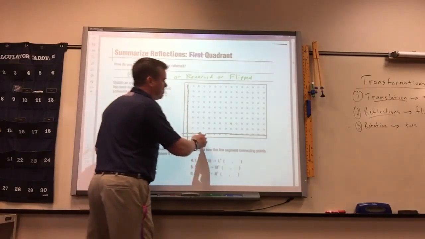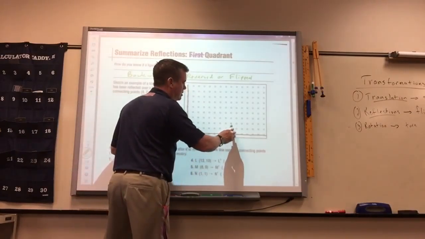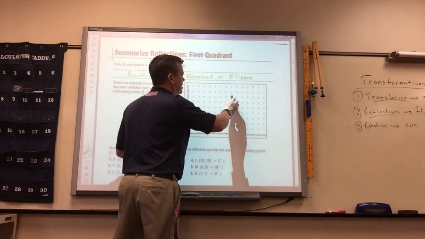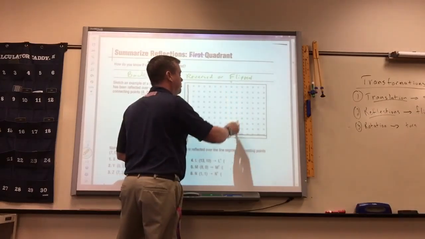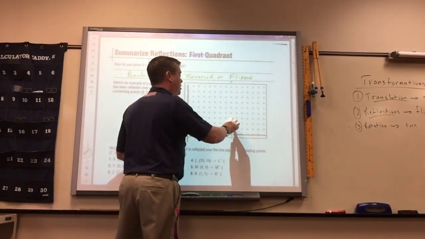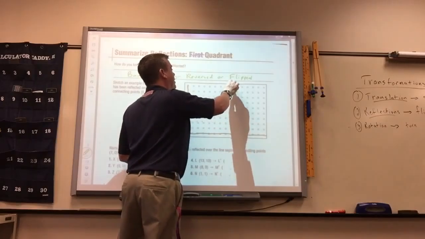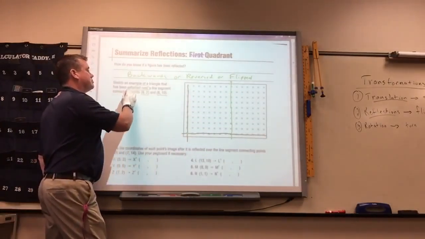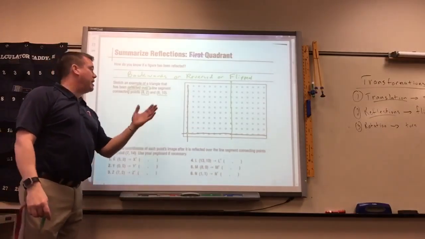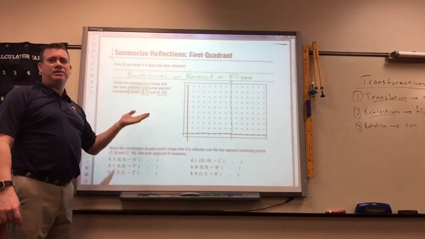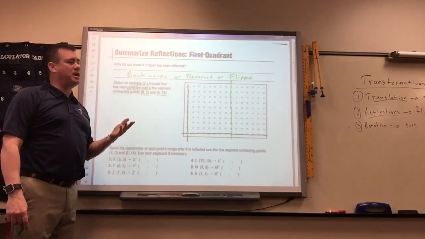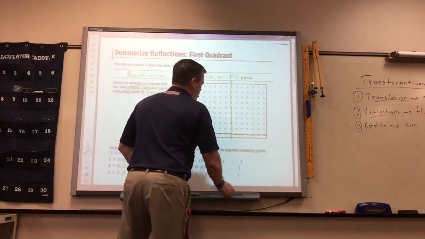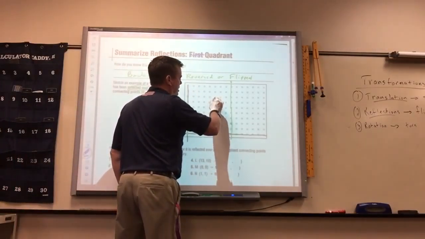And 8 over 10 up, so we already know that's 8. 1, 2, 3, 4, 5, 6, 7, 8, 9, 10, it'd be up there. So if I draw a line through that, that's the line that it's going to be reflected over. Now we gotta draw it. So now, you just got to do any triangle you want, any example you want. You can put in any type of triangle that you want.